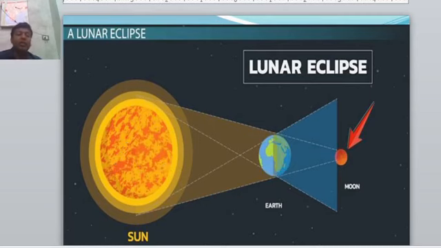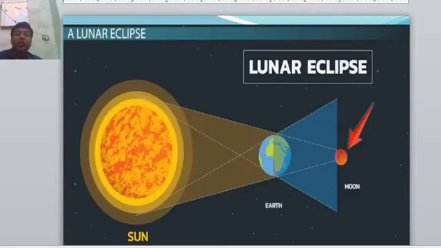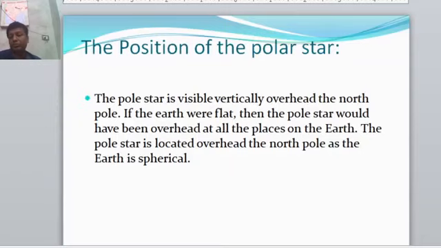You might have learned this thing in your lower geography class. If you look at this, during the lunar eclipse the shadow of the earth on the moon is in the shape of an arc. It is possible just because the earth is spherical. If it is flat, definitely an arc will not be formed. So it is also evidence of what? Earth is almost spherical.